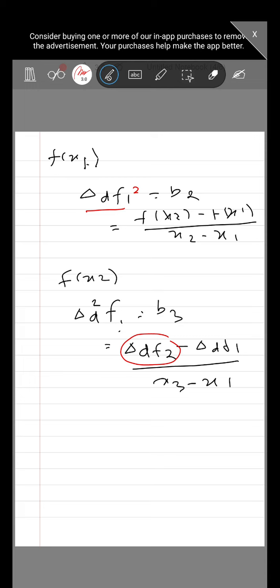So instead of writing this, we have written delta d f2, and this is the previous one, delta d f1.